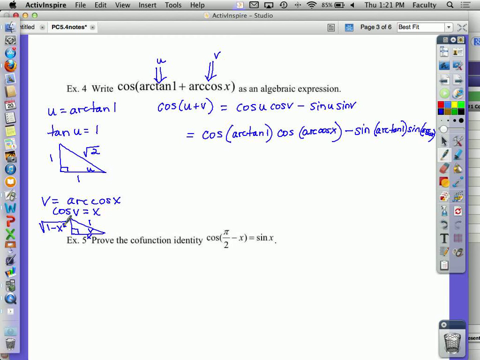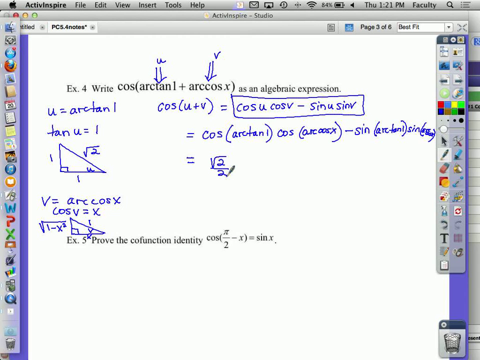So remember, this is very, very abstract, okay? Look, arctan 1 is u. So I really want to look at this row right here, okay? These two are equivalent with my substitution. So cosine of u would be 1 over radical 2, or radical 2 over 2.